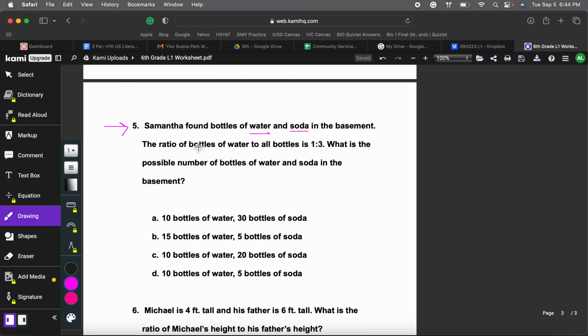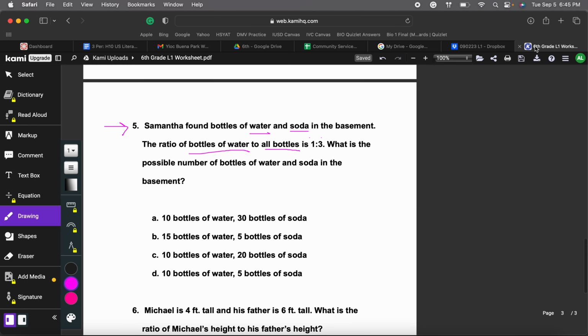The ratio of bottles of water to all bottles is 1 to 3. So bottles of water to all the bottles total is 1 to 3. What is the possible number of water and soda in the basement?